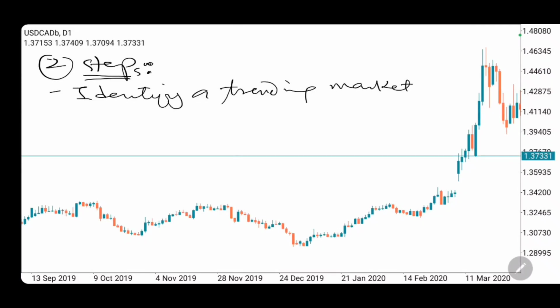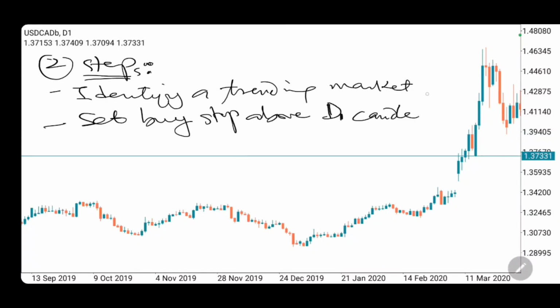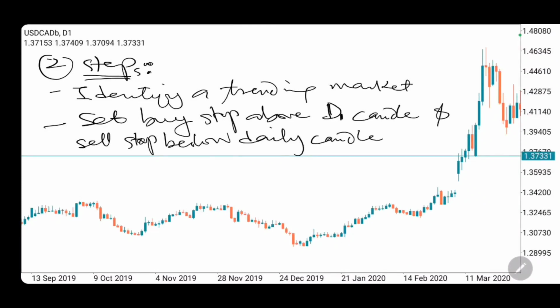Second thing you need to do, you set a buy stop above the daily D1 candle and a sell stop below the daily candle, in order to catch the breakout.